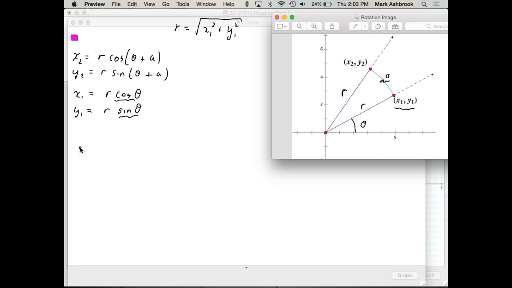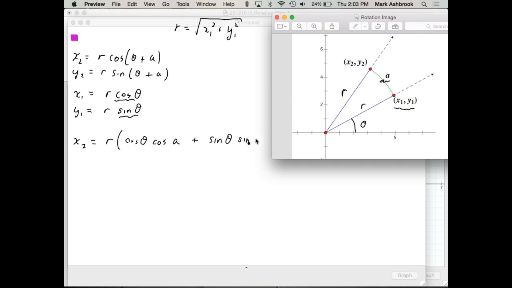The only thing we can do to chisel at this is maybe apply that identity for the sum. Can someone look it up so we don't write it incorrectly the first time? It's cosine theta times cosine A plus sine theta times sine of A.